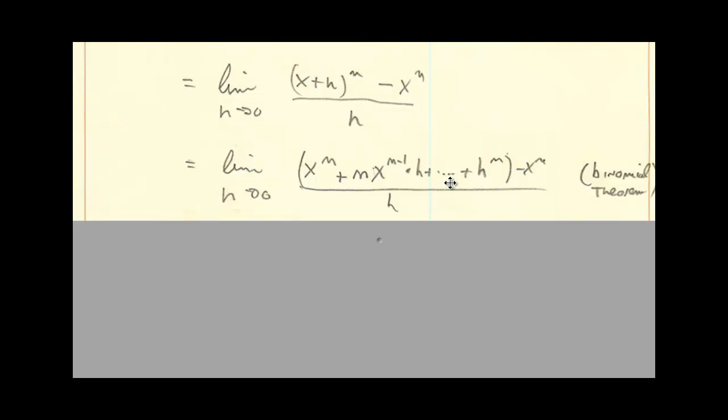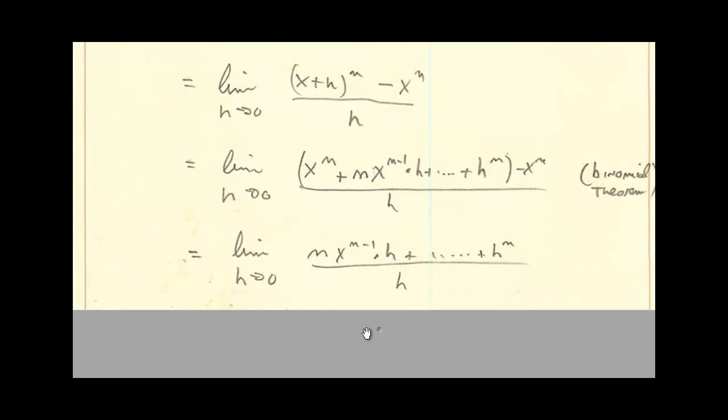The only thing that's really important about them is that every one of them except the first term has an h in it. So when you expand this with the binomial theorem, you get an x to the n, and you get a minus x to the n, and the x to the n's cancel. Then you have terms that have h to the first, h to the second, all the way up to h to the n in them, and you can factor out an h.